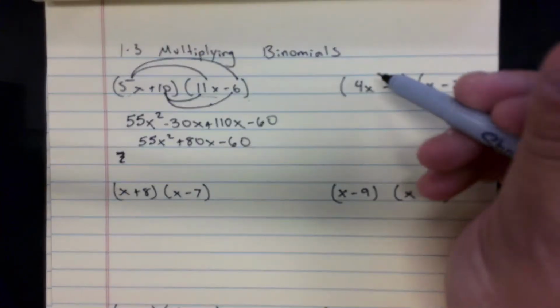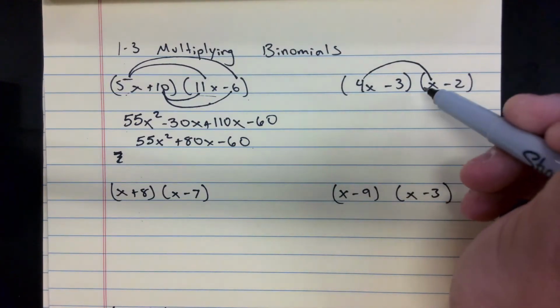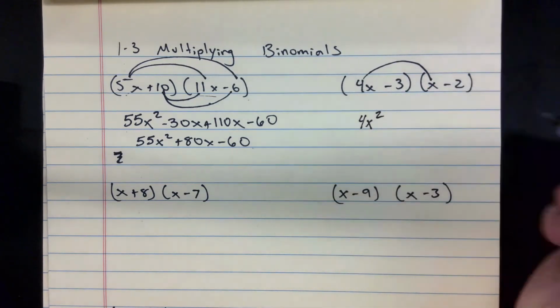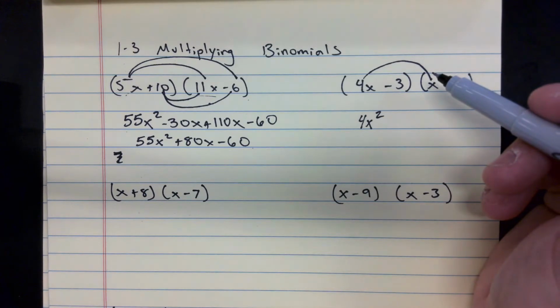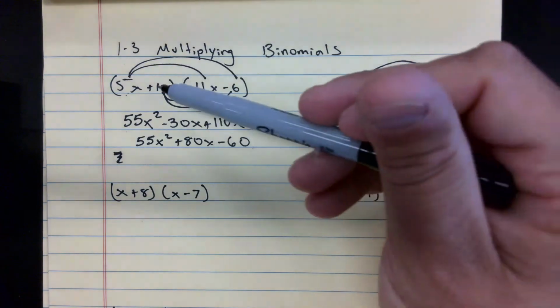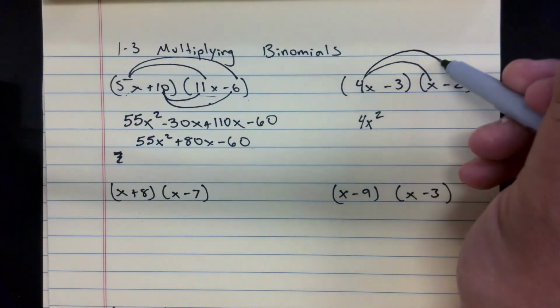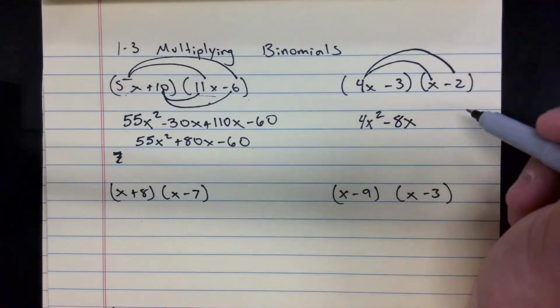Once again, we're going to multiply the first terms of the binomials together. So 4x times x gives us 4x squared. I don't see an 18. Plus 10. And then we have 4x times the negative 2, which is negative 8x.